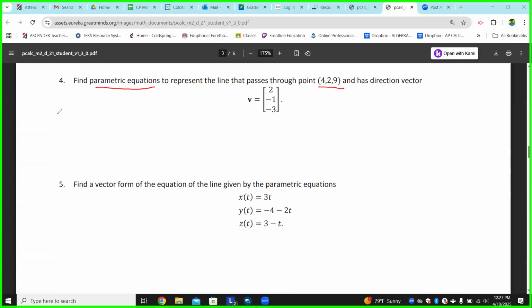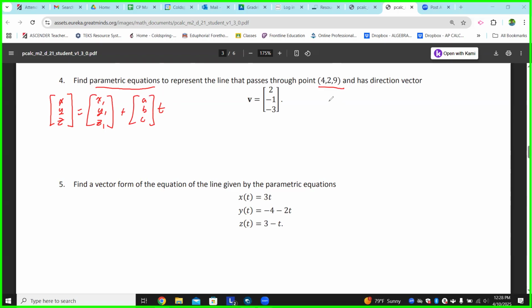Just like the 2-dimensional equation, it is still going to be x, y, z equals x1, y1, z1 plus a, b, c times t. Right? The only difference between a 2-dimensional and 3-dimensional is we just have a z equation as well. Other than that, it's the same process. Same concept if you were going 4th dimensions, 5th dimensions, or anything like that.